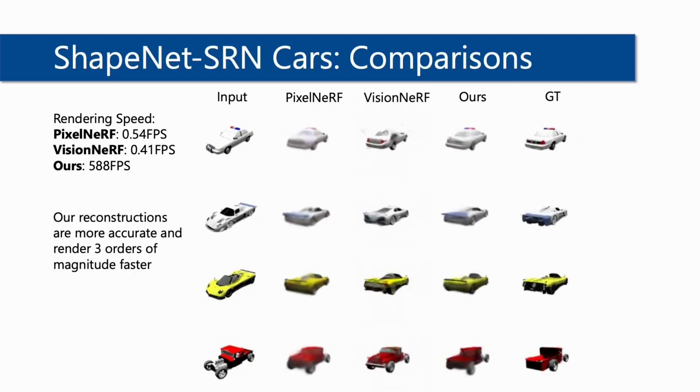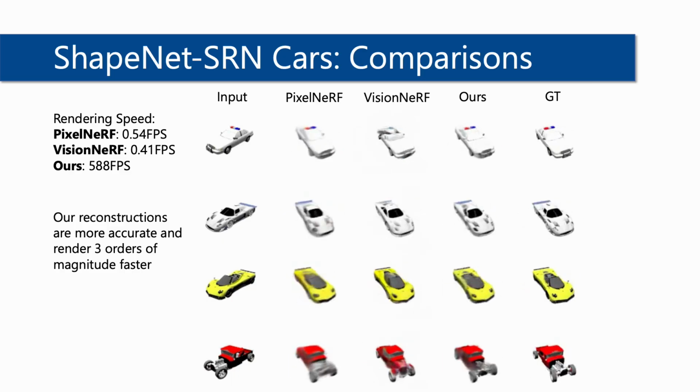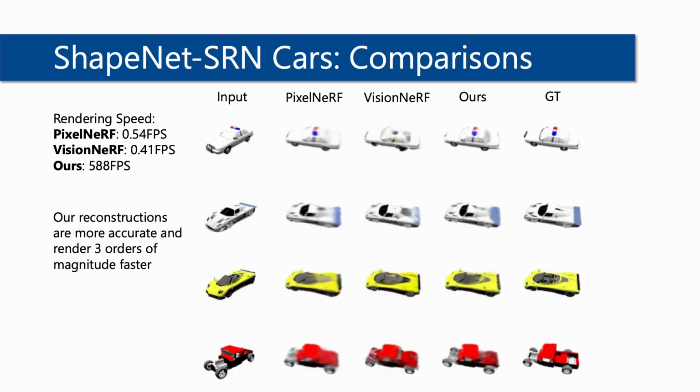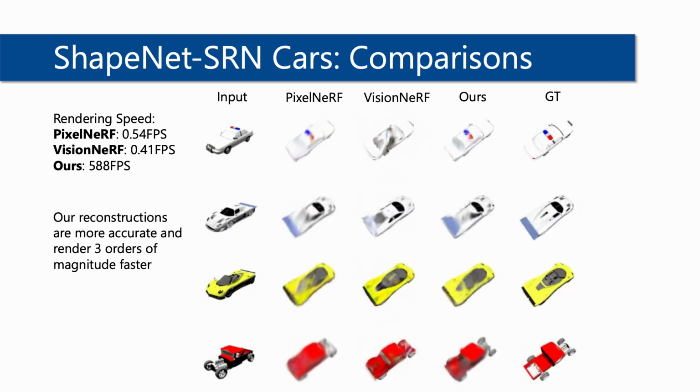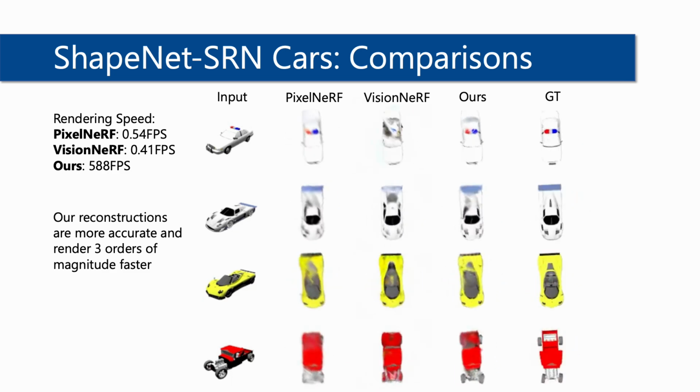The splatter image outputs reconstructions which are more accurate and sharper than baseline methods, while rendering 3 orders of magnitude faster.